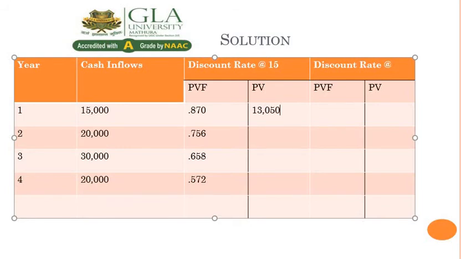For the second year, 15,120. For the third year, 19,740. For the fourth year, 11,440.